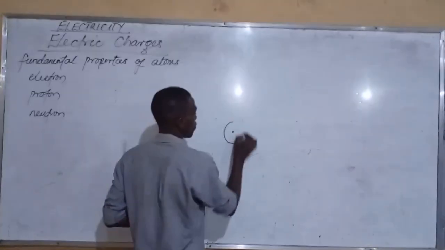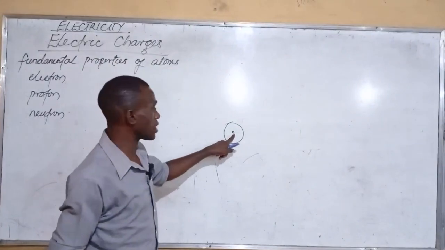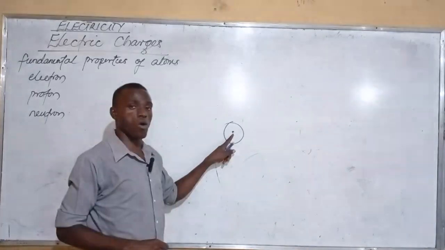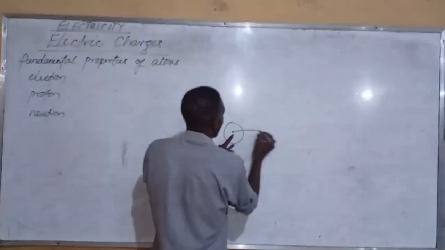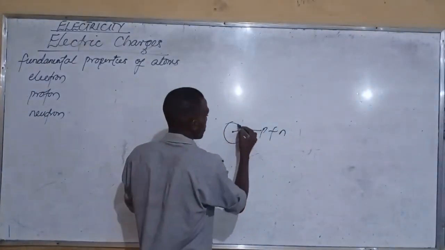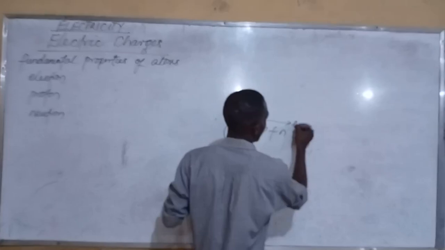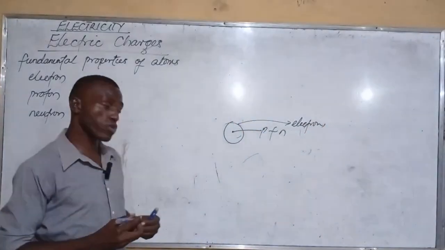According to Niels Bohr, an atom comprises a nucleus, or a core, or a center, which is composed of protons and neutrons. Then surrounding them and moving at near the speed of light are electrons. So electrons are moving around them at very great speed.